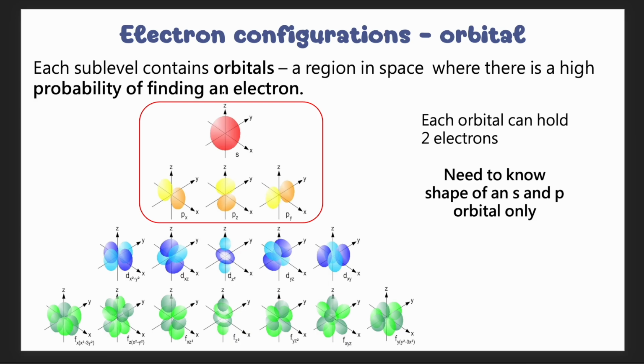Right. So about orbitals, how to draw, you only need to know the shape of S and P orbitals only. For S, it's just a circle like this. And for P, we've got Px, Pz, Py, so it depends on the axis.